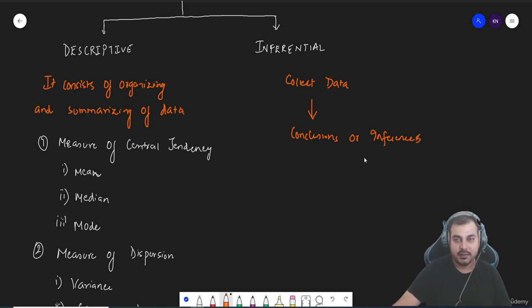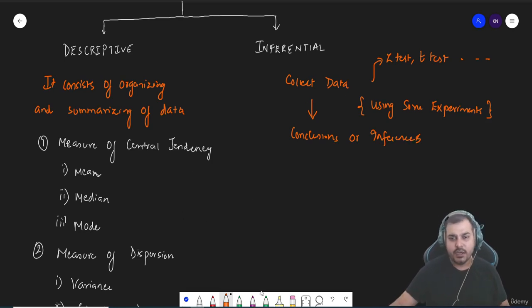Conclusions or inferences using some experiments. Now what are those experiments? We'll discuss it. Okay, there are different kinds of experiments. Some of the experiments which we basically use are z-test, t-test, and many more, and all these things we'll try to learn.